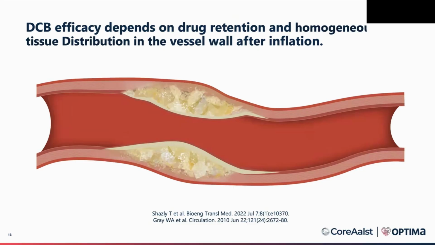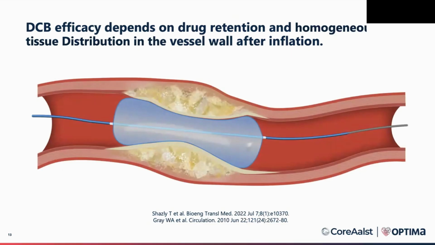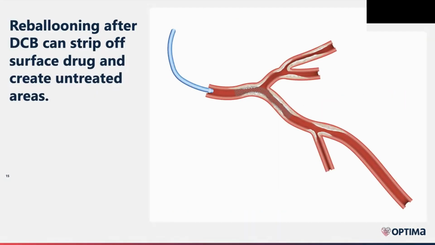Now, in terms of the efficacy of the DCB, DCB requires that there is drug retention, and that the drug is homogeneously distributed in the tissue after the inflation. This is what you want to achieve. If after you have done that, you keep ballooning, because then you have a pinch in the ostium of the side branch, you will be stripping off the drug that is on the surface of the vessel.